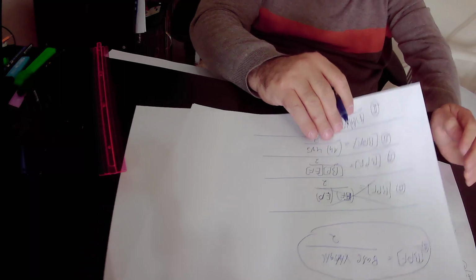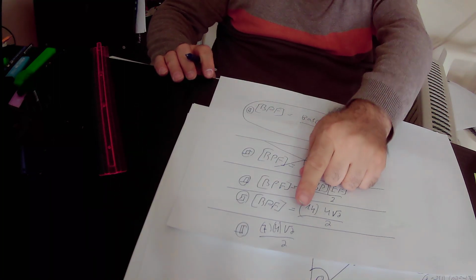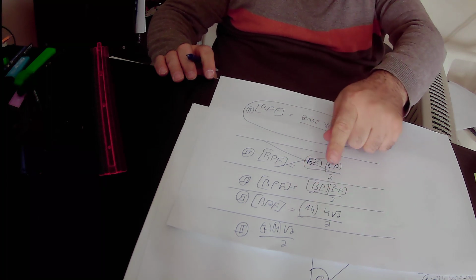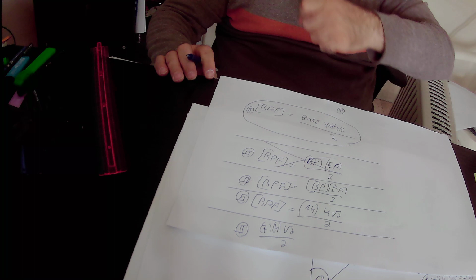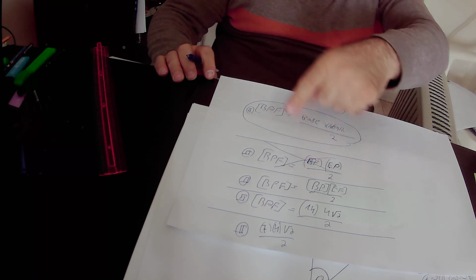That is the area of the isosceles triangle and also the area of the green shape. 7 times 4 is 28.